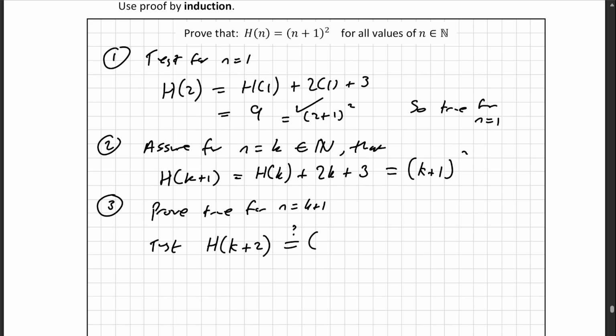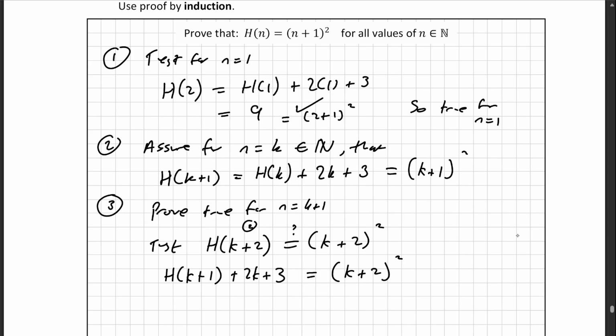We're going to guess that that's just equal to k plus 2 squared. So h of k plus 2 we also know we can use from our inductive step. It'll just be h of k plus 1 plus 2k plus 3, and we want to see if that's equal to k plus 2 squared.